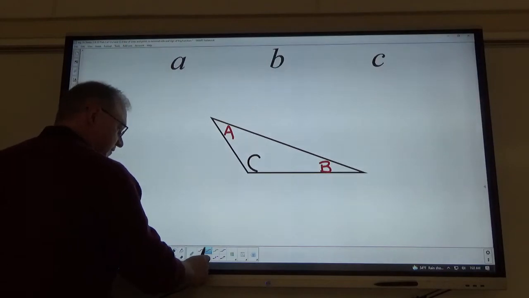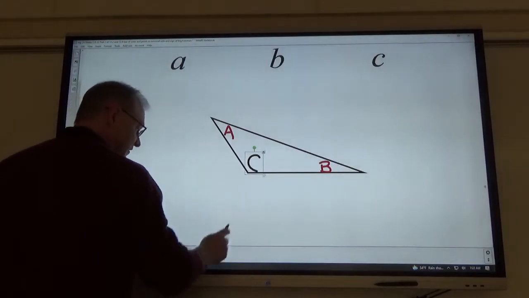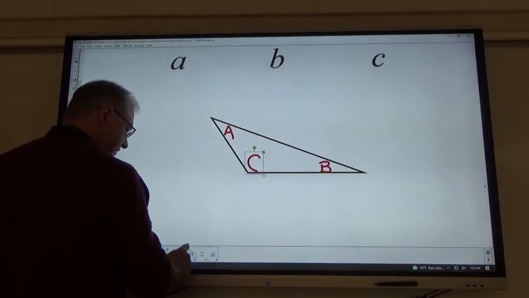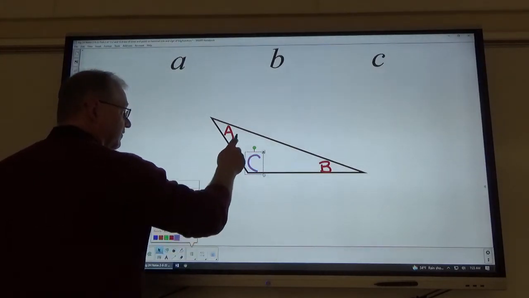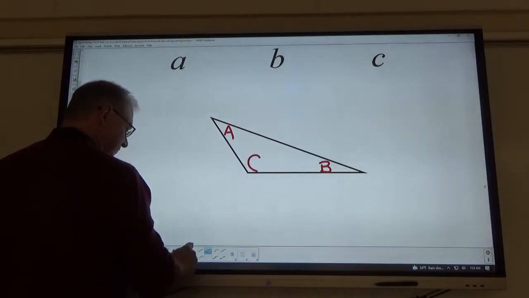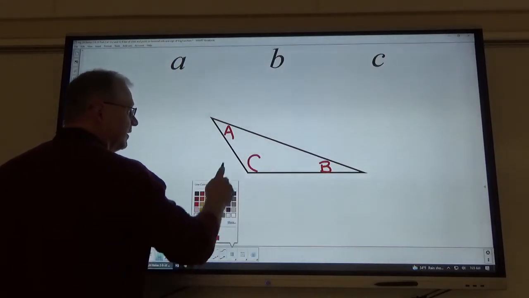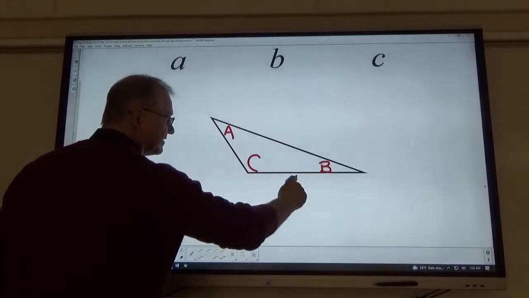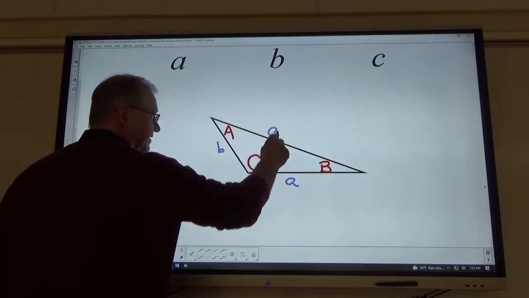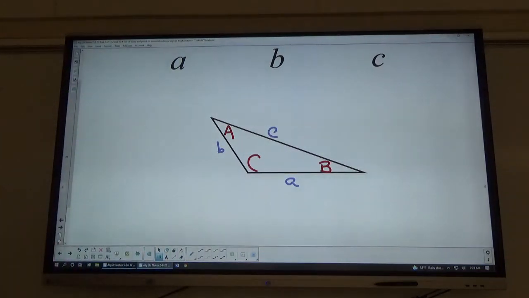Let's make that red to match the others. Opposite A is side A, opposite B is side B, and opposite C is side C. And there are your labels.